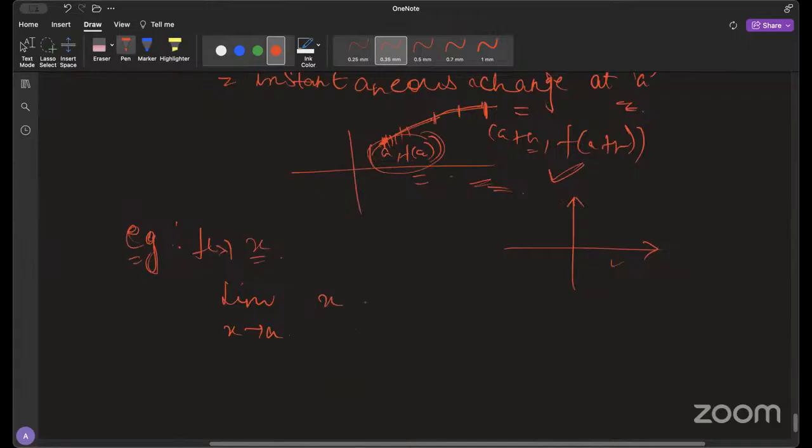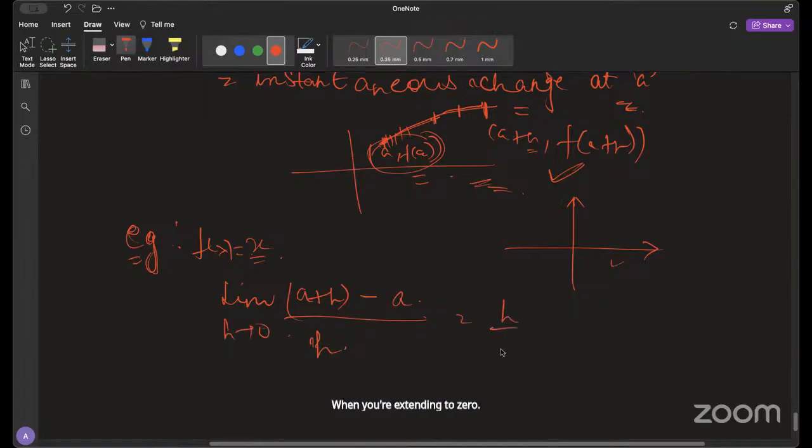So if you have this, let's say you want to discuss the differentiability at a. This is (x plus h) minus a, that is, (a plus h) minus a, divided by h when h tends to 0.